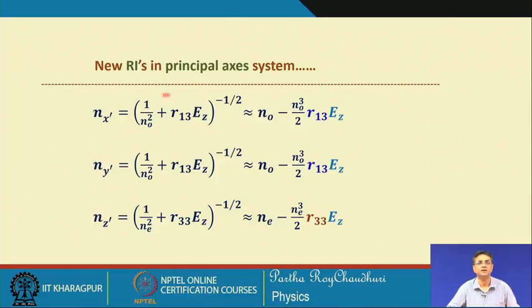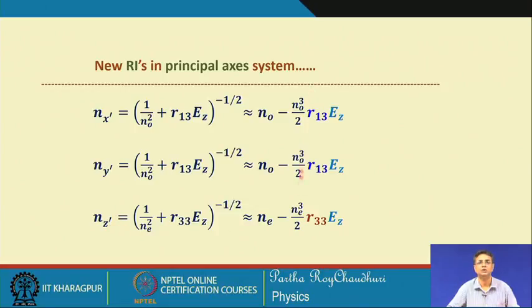And the changes you can represent in this way. n x prime has now become this, because this will be with the x square term, this will be with the y square term, and this is going to be attached with the z square term. So, this is your new refractive index seen by the wave which has a polarization along the new x prime direction, and this is along the new y prime direction, and this is along the z prime direction.